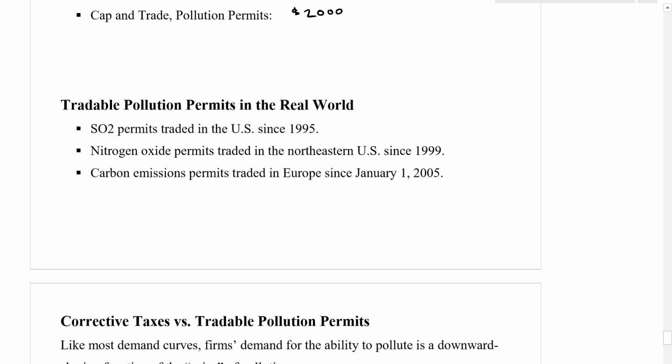So in this case, each firm got half of the permits. So sometimes it's just randomized, sometimes it's divided equally, sometimes it's a lottery, sometimes it's an auction. And so there are alternative considerations to think about there if we want to go a couple layers deeper. But these tradable pollution permit systems are operating around the world.